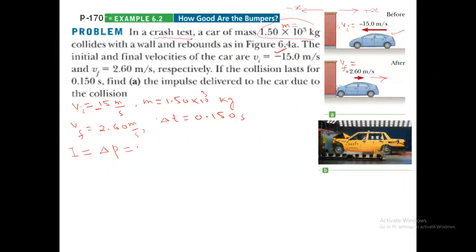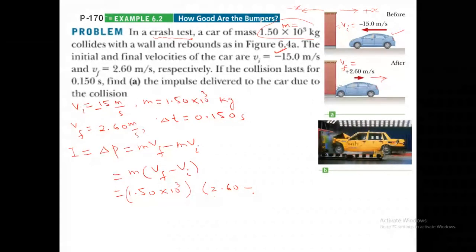So it is equal to m vf minus m vi, which is equal to m, how much? 1.3, vf 2.60 minus initial, how much?